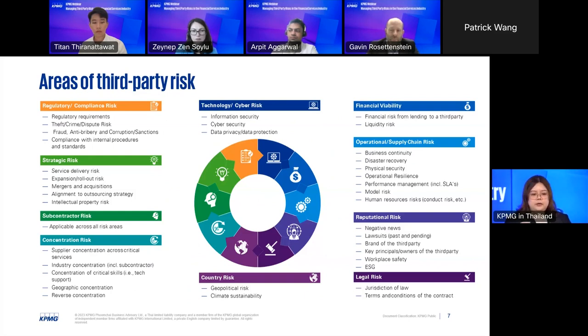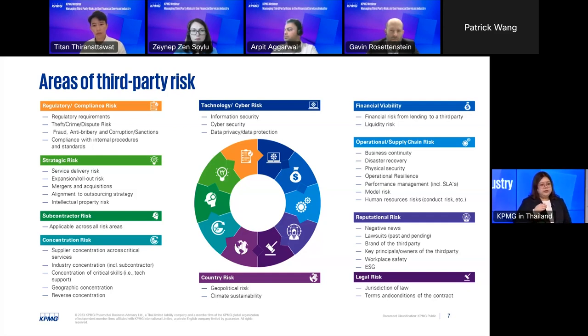If I would like to pick one, it might be the financial viability: how you ensure that your third party is not a risk on your financials, or maybe they might have weak financial health, and it might bring problems to your financials or your reputation.